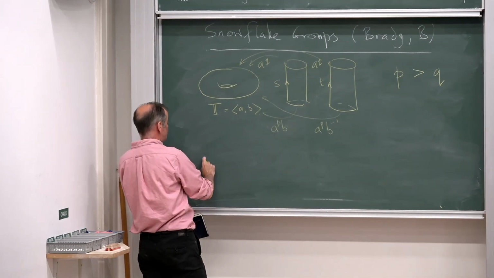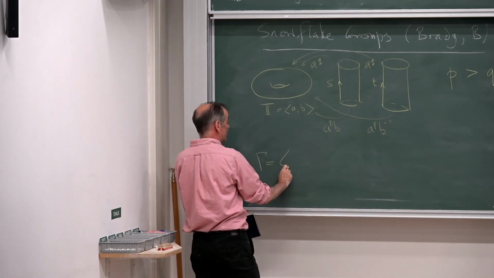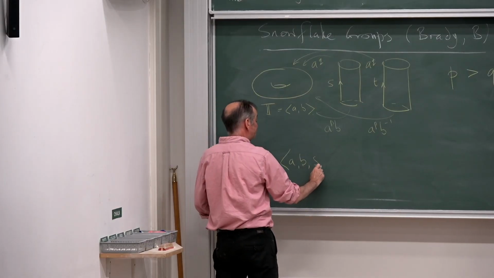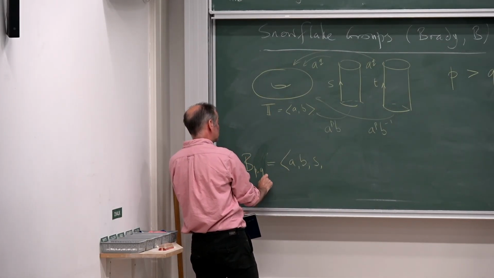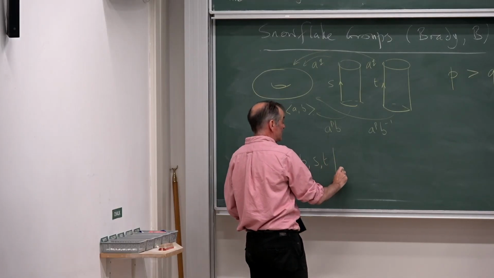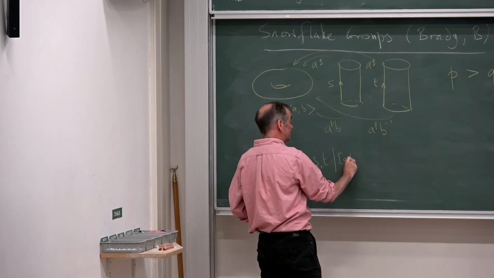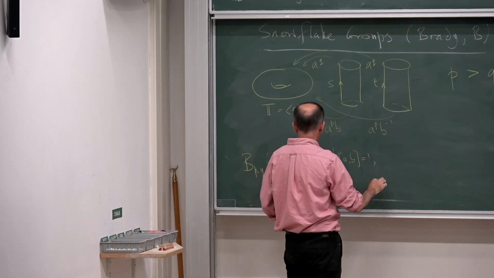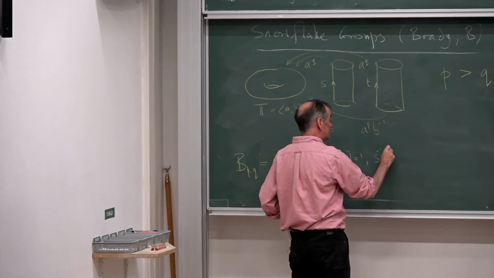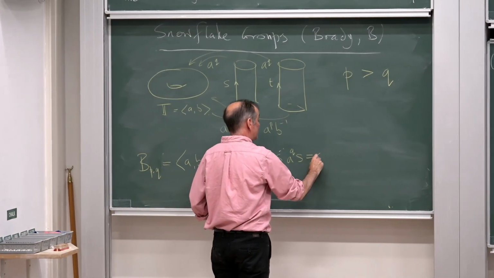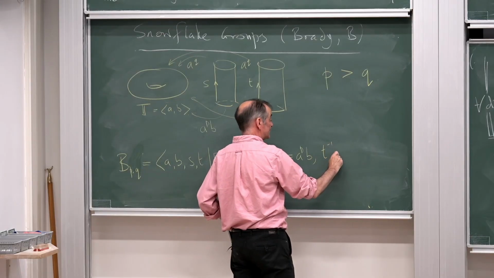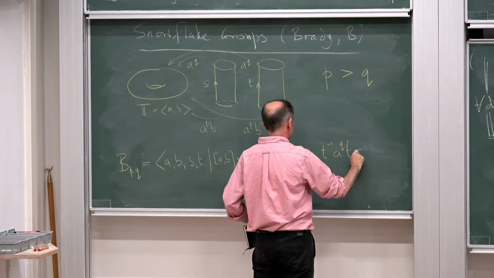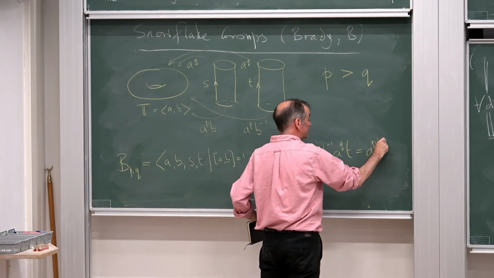So the fundamental group of this little two complex I've just described, G_{P,Q}: I've got A and B commute, and then S conjugates A to the Q to A to the P B, and T conjugates A to the Q to A to the P B inverse.